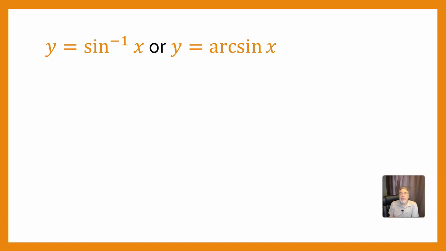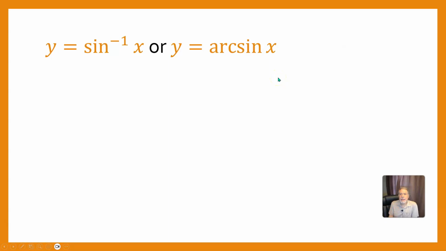Instead, it means the inverse function of the sine function, the function that undoes what the sine function does. And other people and other textbooks write this as the arcsine of x. So it's just two different notations for the same concept. And in this video, I'm going to be mainly sticking with the arcsine notation.